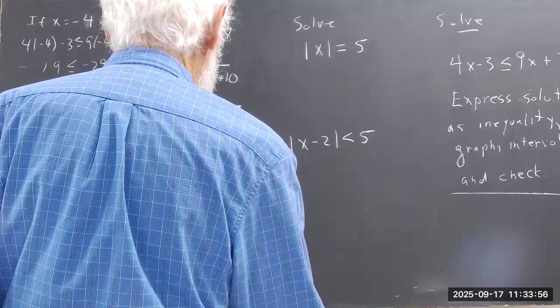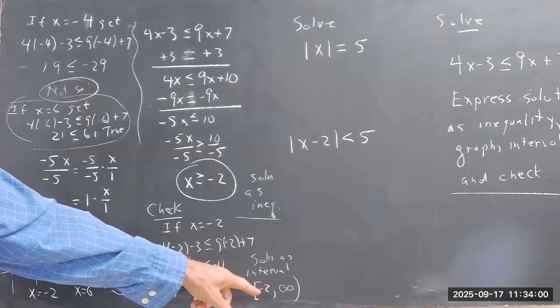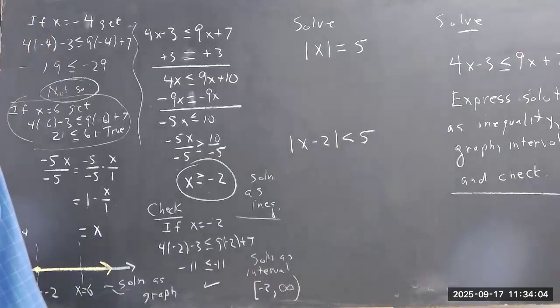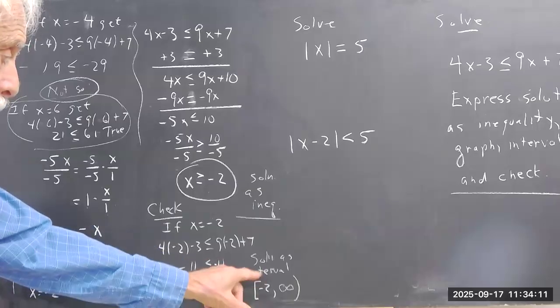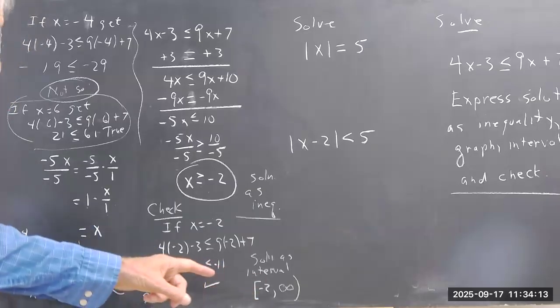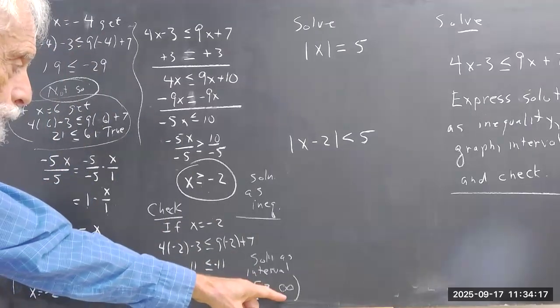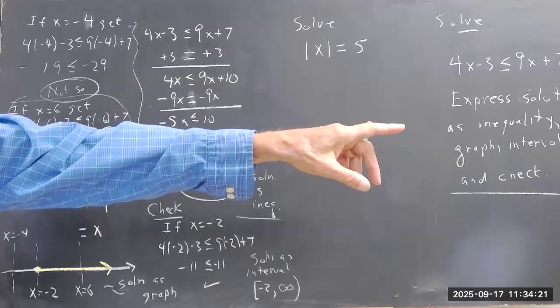is -2 infinity. All the numbers from -2 to infinity. The closed bracket here indicates that -2 is part of the solution set. If it was a greater than without a greater than or equal, this would be a parenthesis here. And this infinity means any number bigger than this, we can keep going as far as we want to go, and then we can keep going further.